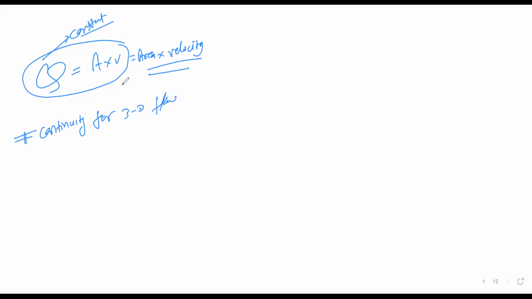So we have to check it here. 3-dimensional flow means, let's say that here 3-dimensional I am going to consider space.